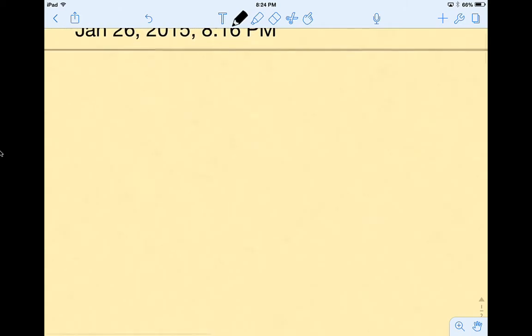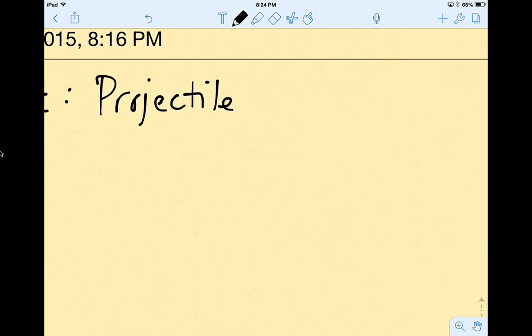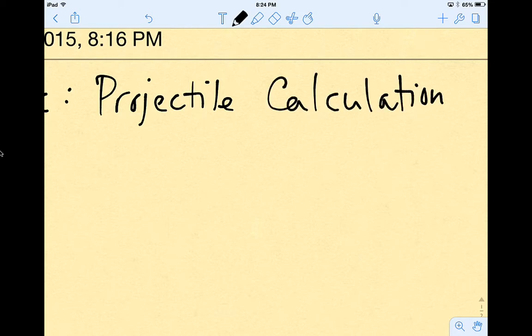So let me zoom in so I can write this. Okay, so my topic is projectile calculations. This is the stuff that takes the longest. Projectile calculations.